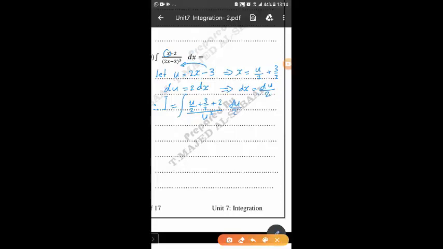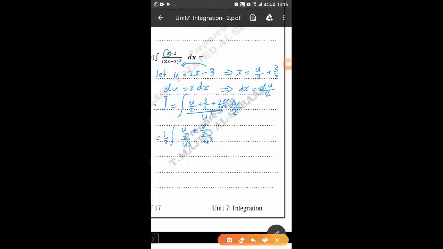Okay, simplify. I will take this 2 out of the integration. It will be 1 over 2 integration of u over 2 plus 3 over 2 plus 2. I will add them. This will be multiplied by 2 and this will be multiplied by 2, so it will be 4 plus 3, which is 7 over 2, of course over u cubed.